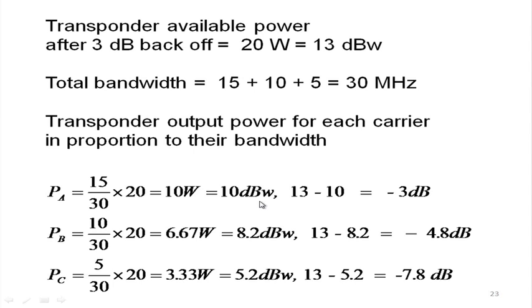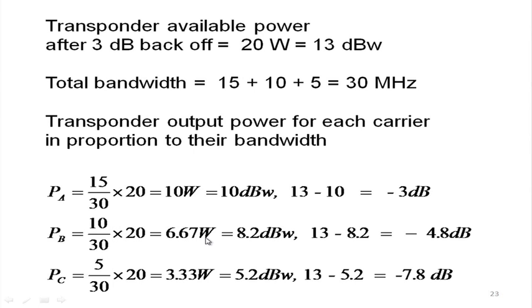And in terms of dB, 13 minus 10, minus 3 dB is taken by station A at the transponder.